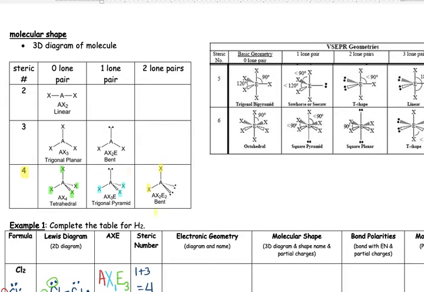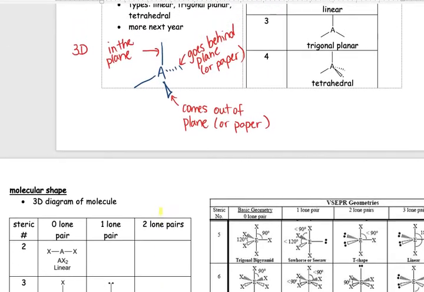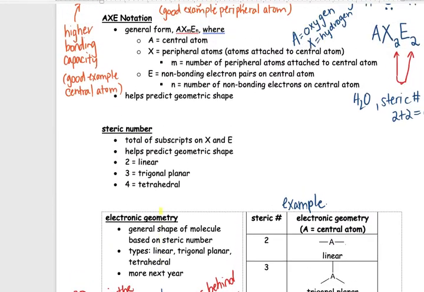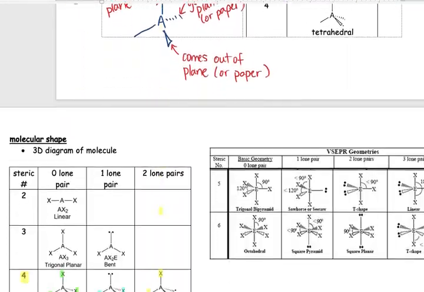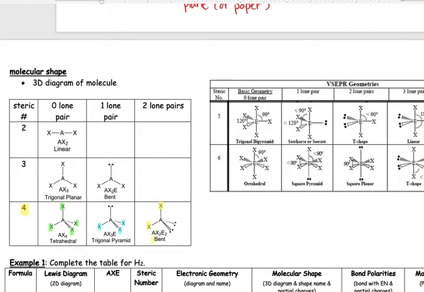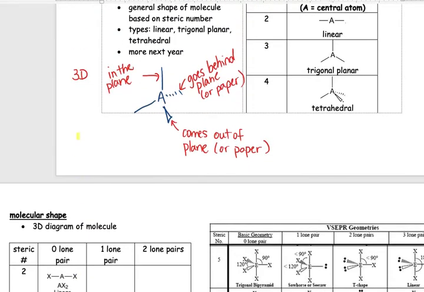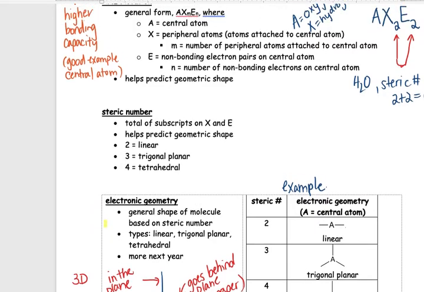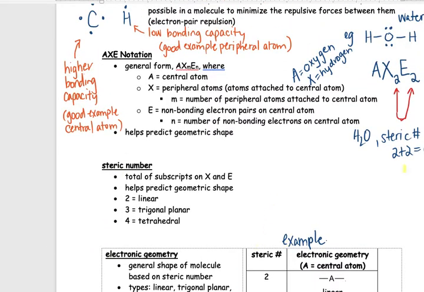If you look at the steric number as well, see it matches in the diagram too, right? So now you're going to specify what shape water is. You would say water is the bent shape. Just a simple description, bent shape.